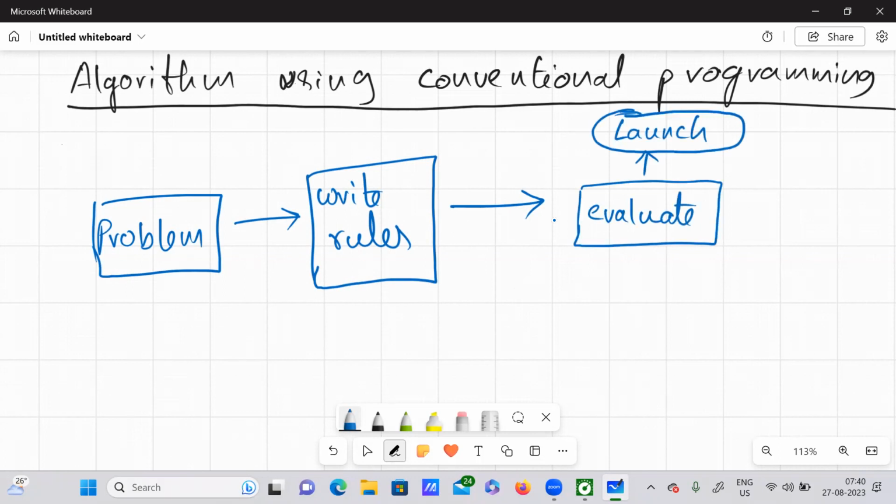But in this phase, if after evaluation it is all set to go, then only we usually launch. But after evaluation, what if we have got some kind of errors? Then what do we need to do? After evaluating, we have got some errors and we need to analyze those errors.